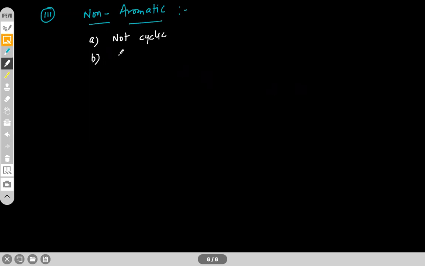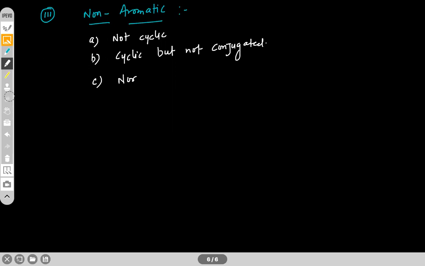If it is cyclic but not conjugated, that is the condition. If it is cyclic but not conjugated, these compounds are what? These compounds are normal compounds.